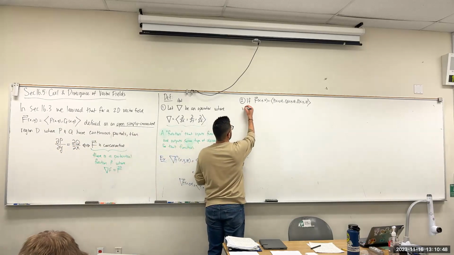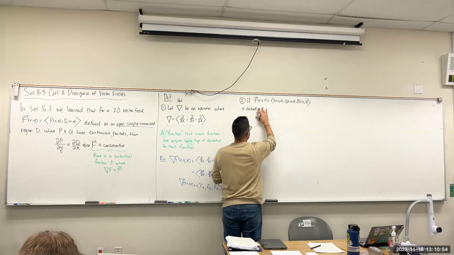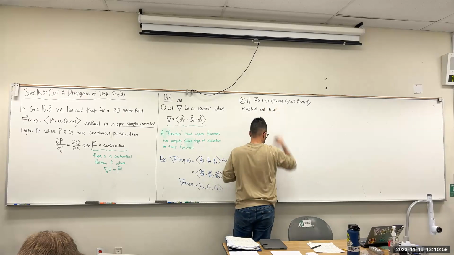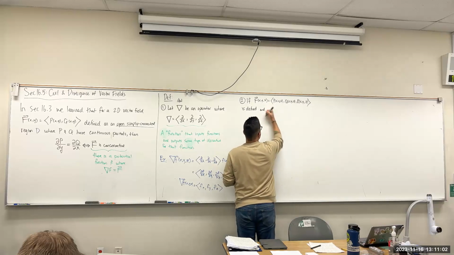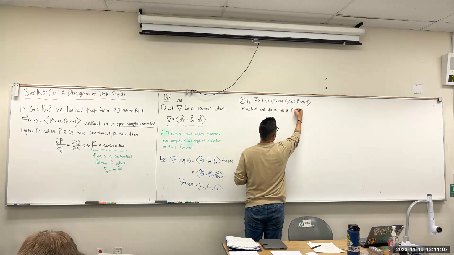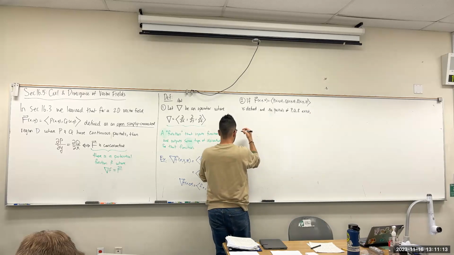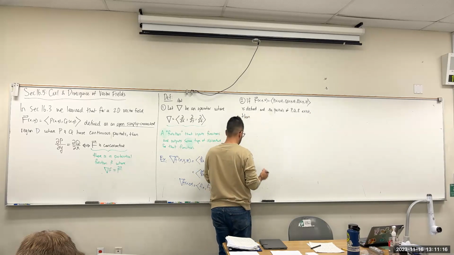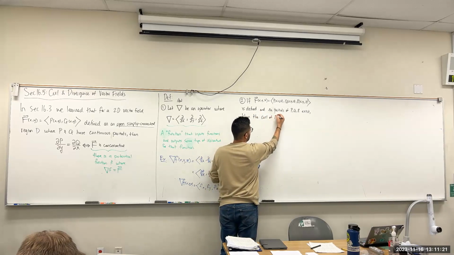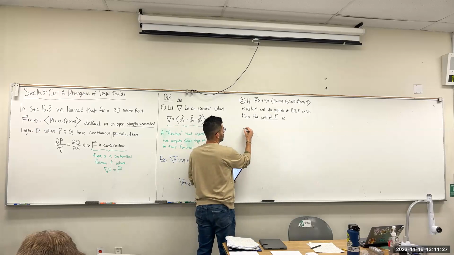So this guy here is defined, and the partials of P, Q, and R exist, then the curl of the vector field is going to be defined like this.